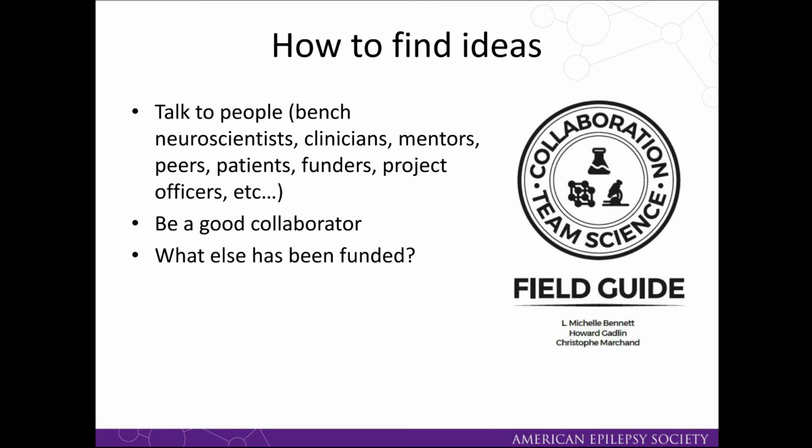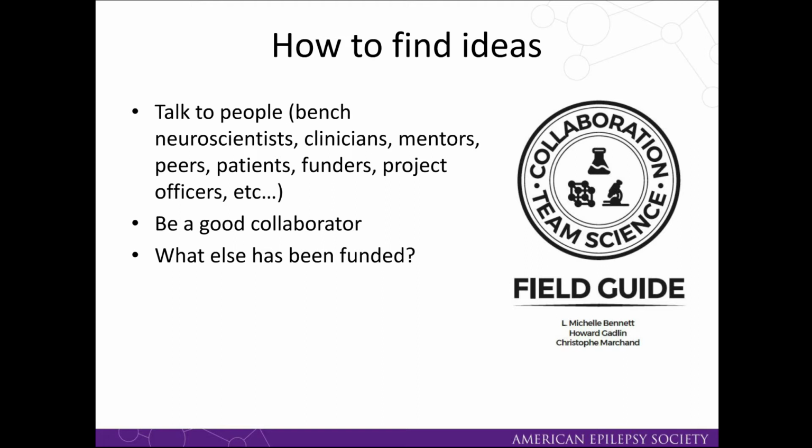And it's not necessarily obvious what that means, so I would recommend finding this document that's online called the Collaboration and Team Science Field Guide by L. Michelle Bennett and these two other folks. I think the Cancer Institute put this out, but it's a really thoughtful and well-described manuscript about how to work well with others.